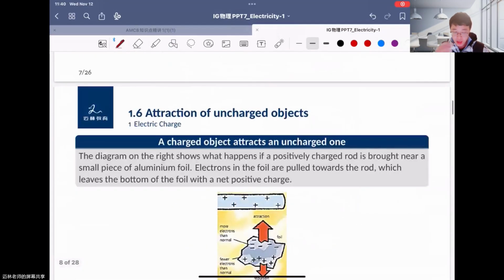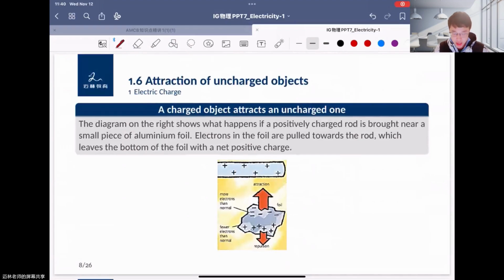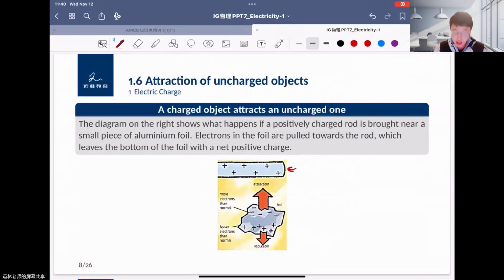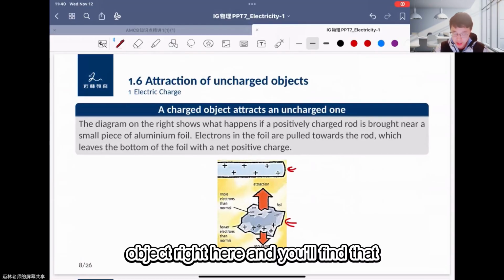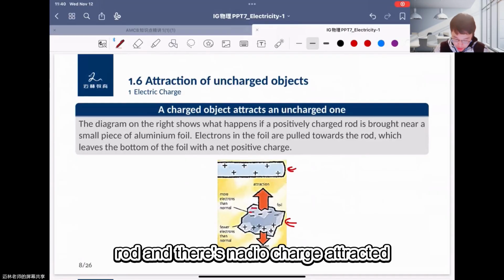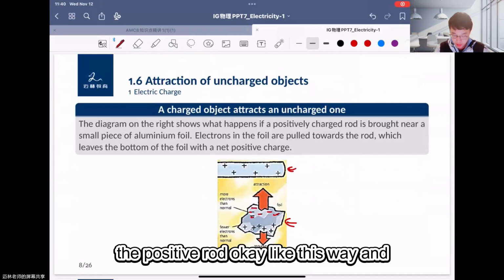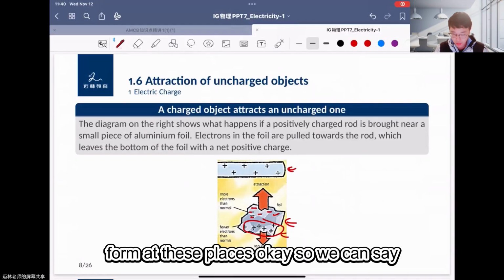And the next part is about attractive force on an uncharged object. Here you'll find that a charged rod is hanging in the air, and here is the uncharged object. Because there's a positive charge in the rod, negative charge is attracted toward the positive rod, and some other positive charge moves downwards and forms at these places.